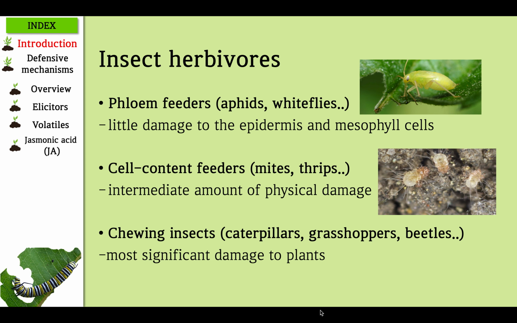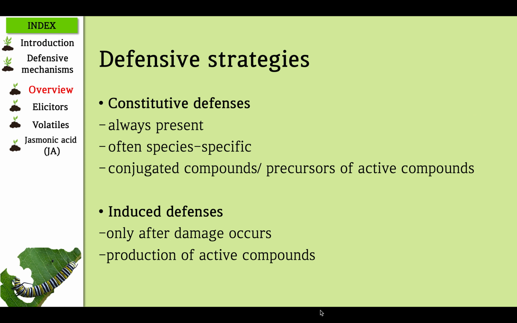And the last type of insect herbivores, which chew the leaves of plants, like caterpillars, grasshoppers, and beetles, are the most threatening enemies. They cause the most significant damage to plants, so we are now going to talk mainly about the defensive mechanisms against chewing insects.